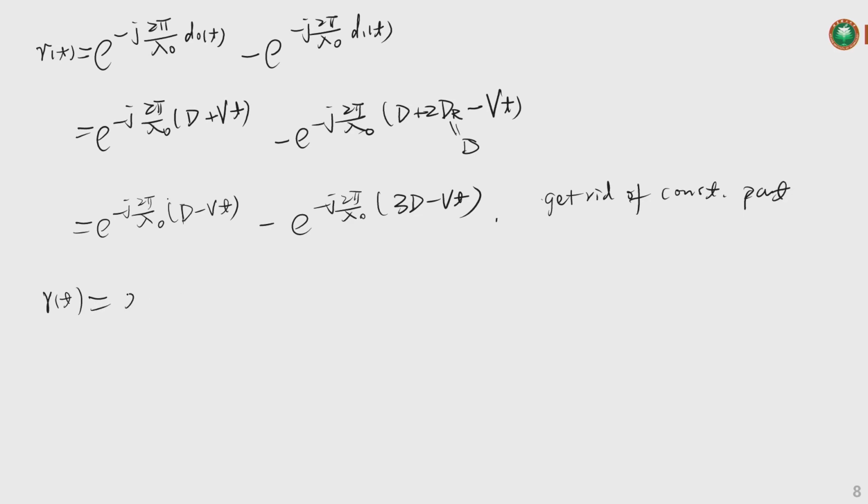That means it becomes e to the minus j 2 pi over lambda node times plus Vt, minus e to the j 2 pi over lambda node times Vt again.